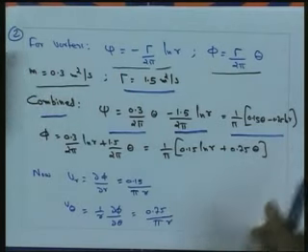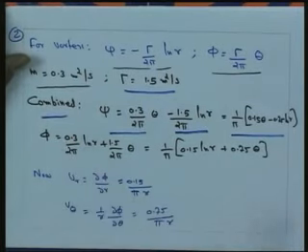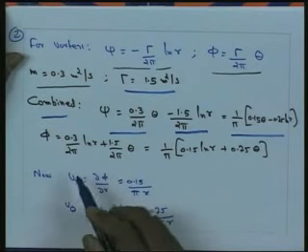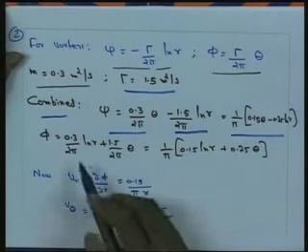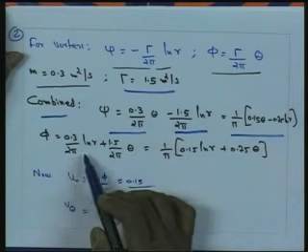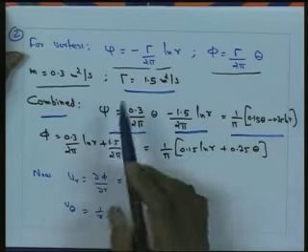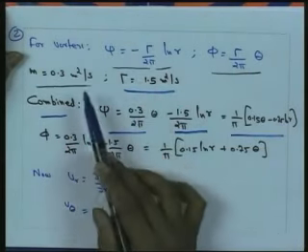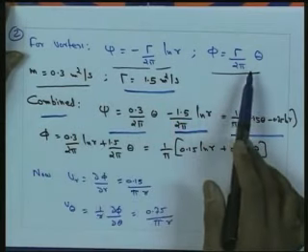So this is the expression for the stream function for the superposed source and vortex which we consider in this particular problem. And for the velocity potential, phi is equal to m by 2 pi natural log r for the source. So m is equal to 0.3, so phi is equal to 0.3 by 2 pi natural log r, and for the vortex, phi is equal to gamma by 2 pi theta.